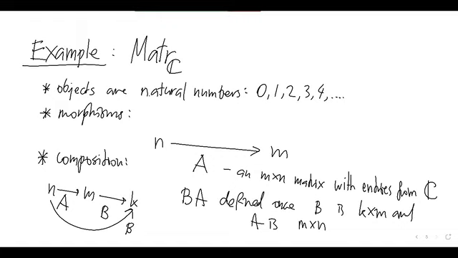So in this case, composition becomes the usual matrix multiplication in this example at least.